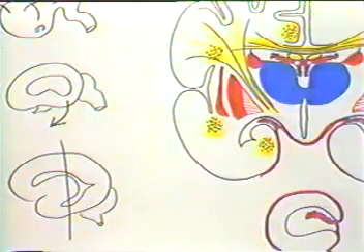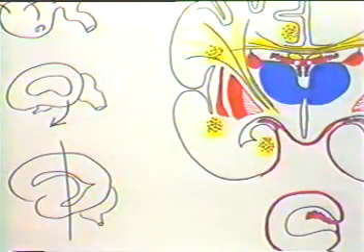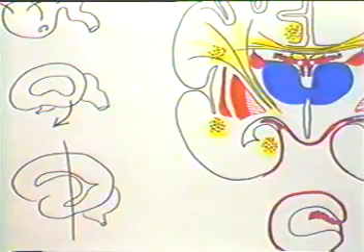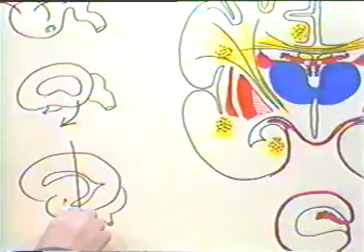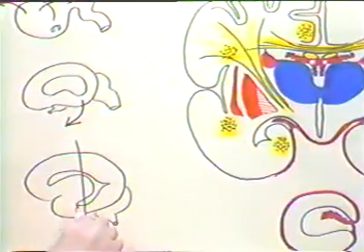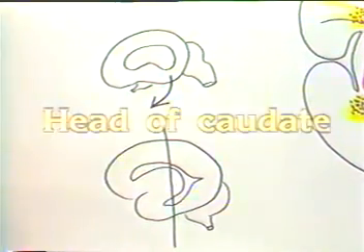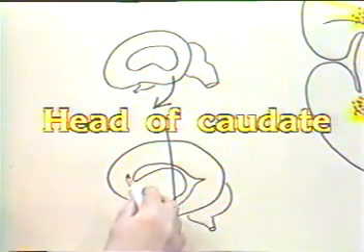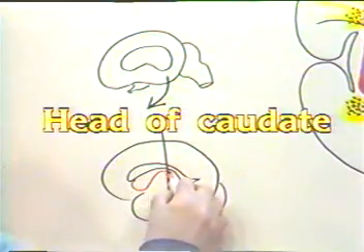One part of the basal ganglia, namely the caudate nucleus, is closely related to the lateral ventricle in the hemisphere, and it will also be affected by this semicircular movement and development of the temporal lobe. Look down here. The main part of the caudate nucleus, the head of the caudate nucleus, is located here in the floor of the lateral ventricle, like this.